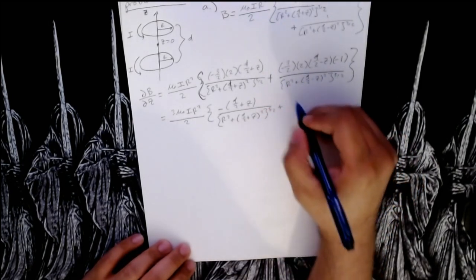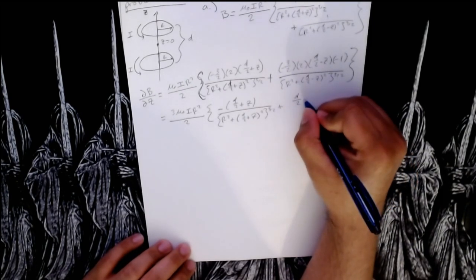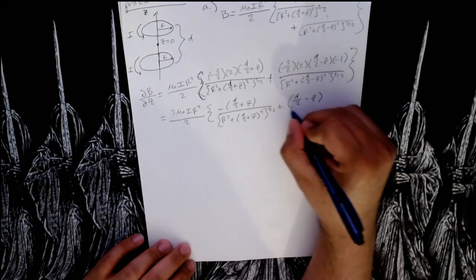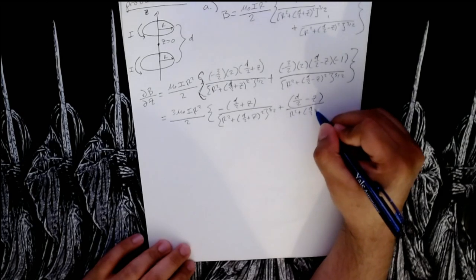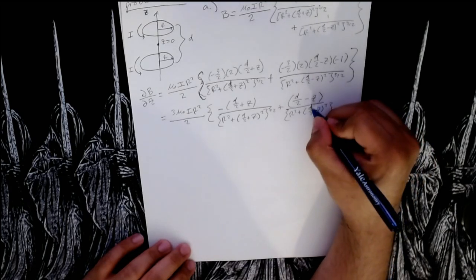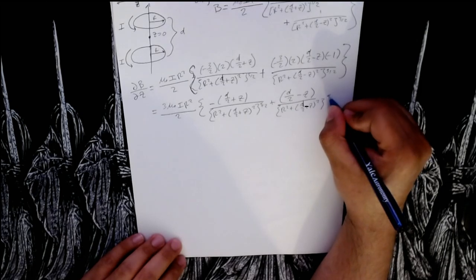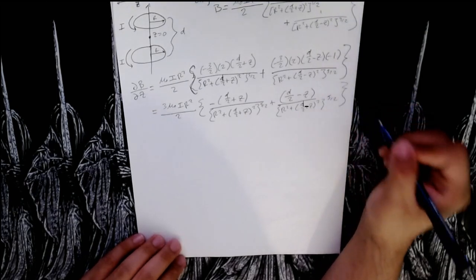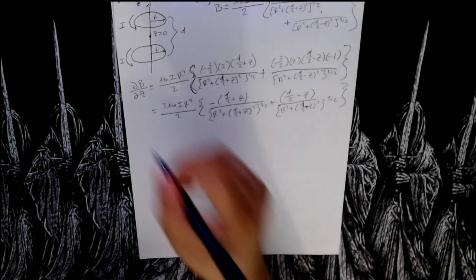And then the only thing that changes in the second term is (d/2 minus z) over r squared plus (d/2 minus z) squared, to the power of 5/2. Cool. So that's dB/dz. But now, let me write this down.